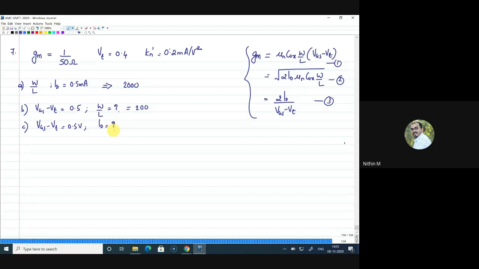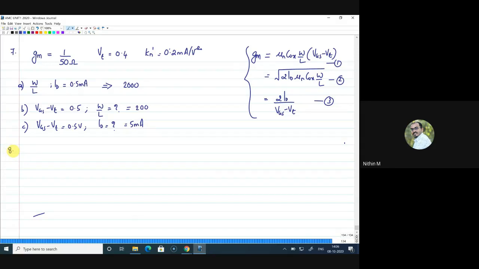W by L we obtain from B, so you substitute that, and what is the value of ID? Only ID is unknown, but to find it you need mu n Cox, which is there, VGS minus VT is there, and W by L is also there as 200. So ID is 5 milliamps. Very good. So try this, you will get the answers. That's about the 7th question.